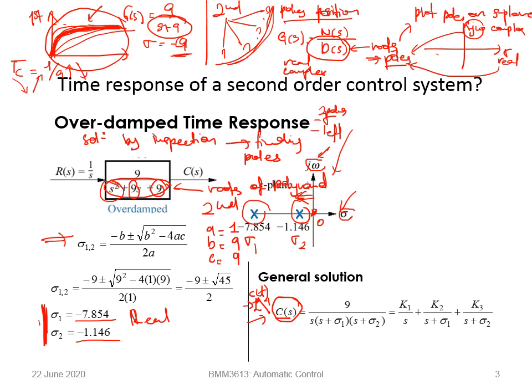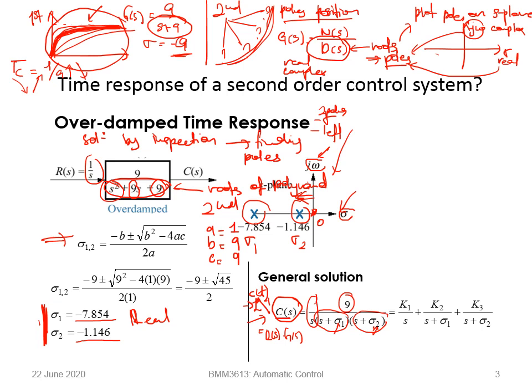So what is C(s)? If you remember, C(s) is the product of R(s), your input, multiplied by your transfer function G(s). R(s) is 1 over s, so that's where we have this 1 over s, and then our transfer function is the polynomial. The polynomial can now be written as 9 over the product of (s plus sigma 1) multiplied by (s plus sigma 2), sigma 1 and sigma 2 being the poles of our transfer function, right?